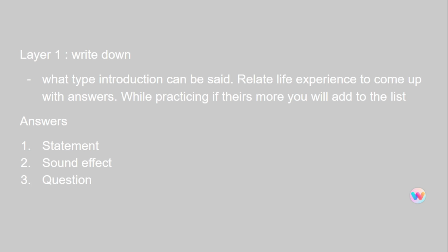These are the things I came up with. These are the only things I can think of. If there's more, write it down. Like I said, statements, sound effects, and questions are the ways you can introduce a conversation or introduce yourself.